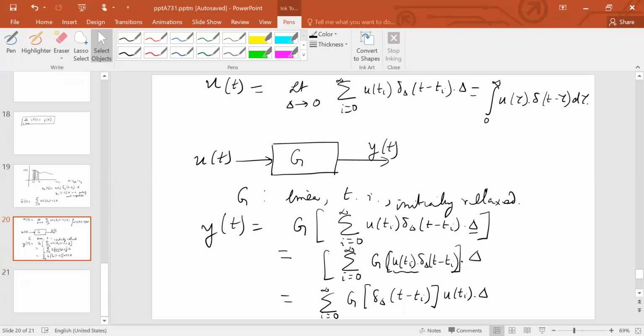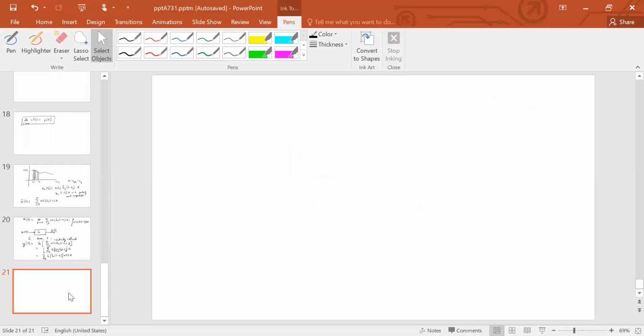Also, we shall now bring in the time invariance. And why is the time invariance critical at this juncture? Look, we have used the linearity property to push this G inside the summation. That was because of linearity that we were able to do this. Now, how are we going to use the time invariance? Let's turn our attention to this term, G of delta of t minus ti. What is this?